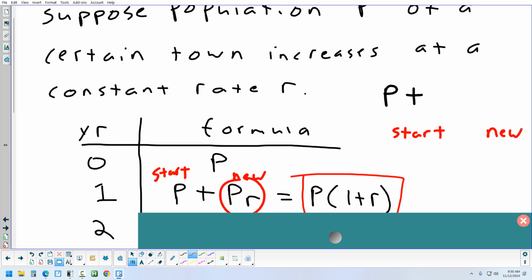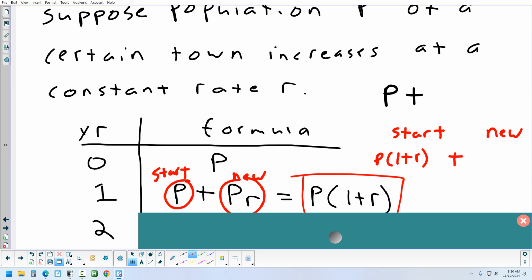We start with P times (1 plus R), because that's what we ended year 1 with, so that's what we start year 2 with. And now, what did we do with our starting population to figure out the amount of new people?